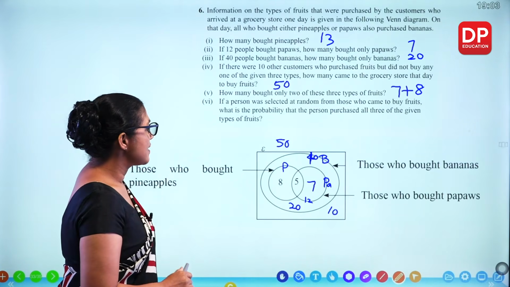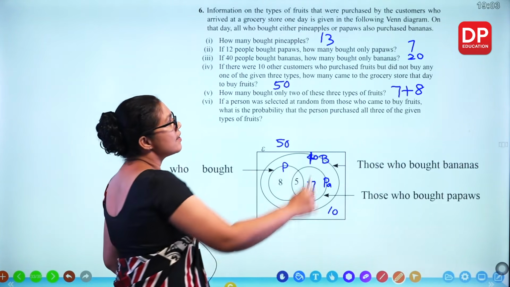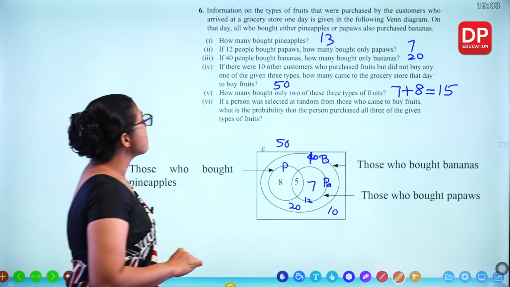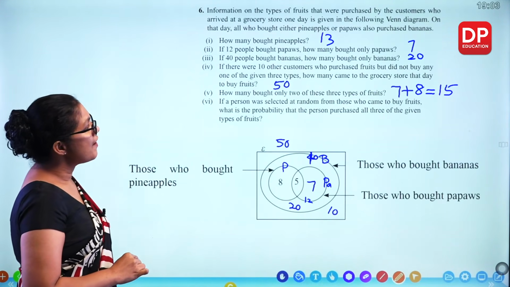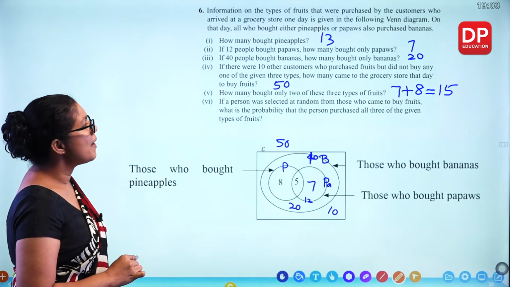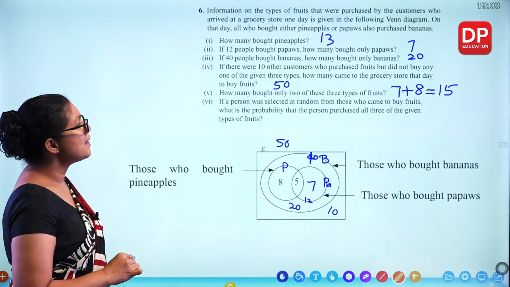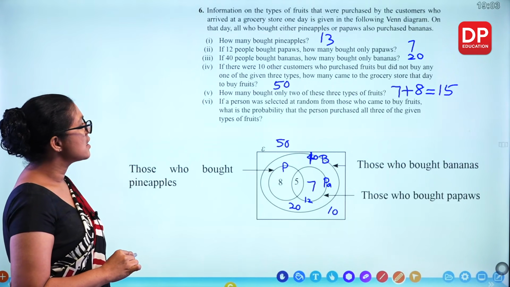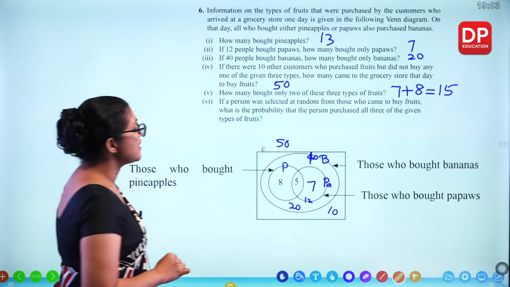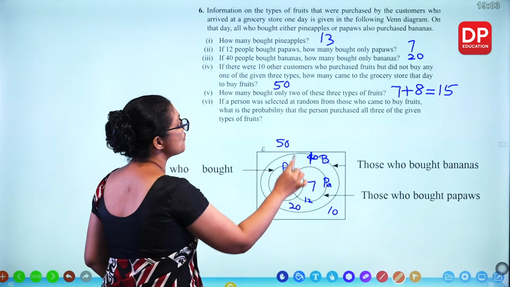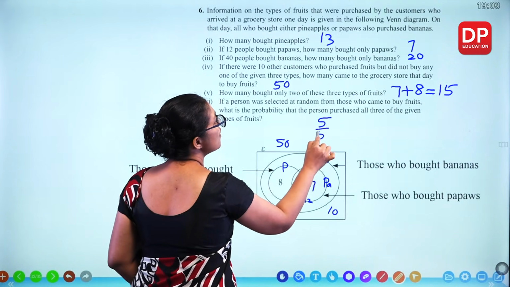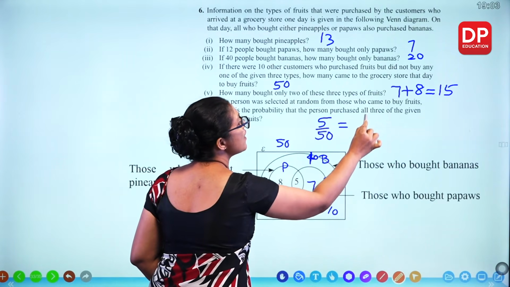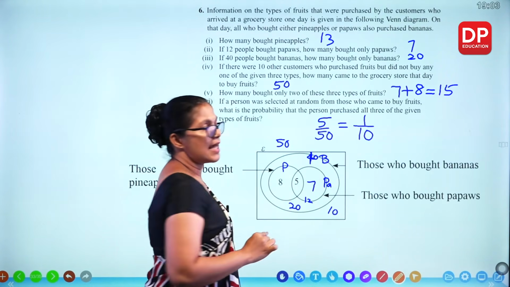So that's 7 plus 8, that's 15. If a person was selected at random from those who came to buy fruits, what is the probability that the person purchased all 3 of the given types of fruits? So which part is common for all 3? That's 5. 5 out of 50. That's the probability value. So when you simplify, you get 1 over 10.